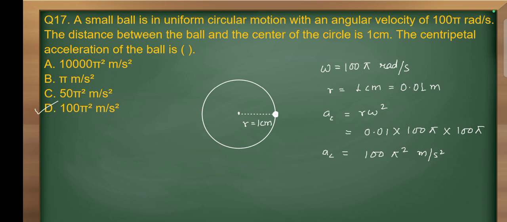So 1 centimeter is equal to 0.01 meter. Centripetal acceleration is r times omega square, where omega is angular velocity. We will put the value of r, that is 0.01, and omega, that is 100 pi. And when we solve this equation, we will get acceleration is equal to 100 pi square meter per second square. So option D is correct.